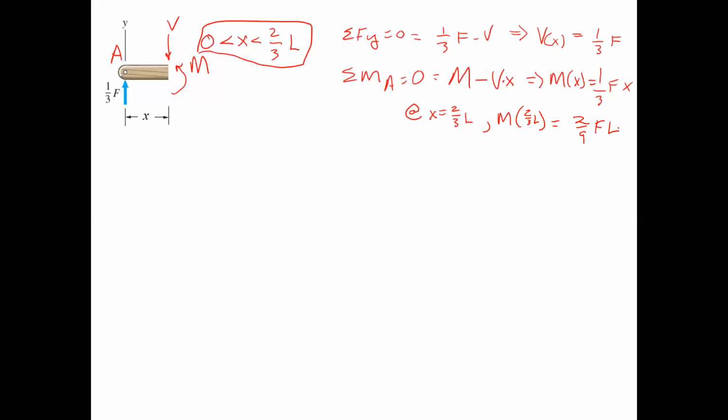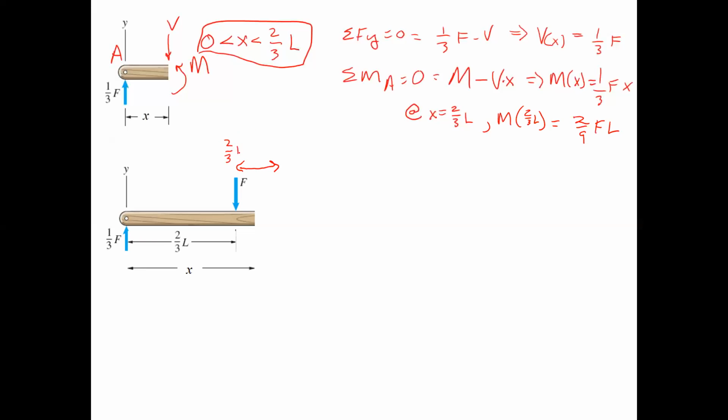Okay, so that's the basic idea. Then we look at the next section. So now suppose you allow X to go further, past 2/3 L. So now X is in this region here. This is the range we're looking at, the region in which 2/3 L is less than X is less than L. So this will go all the way to the end of the beam.